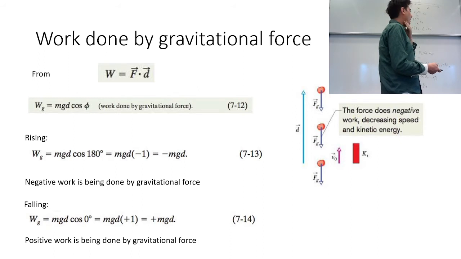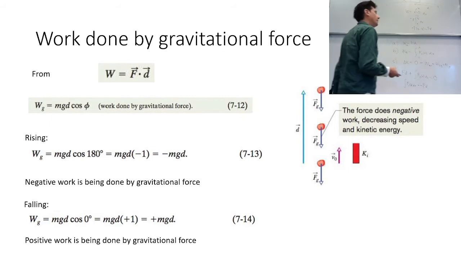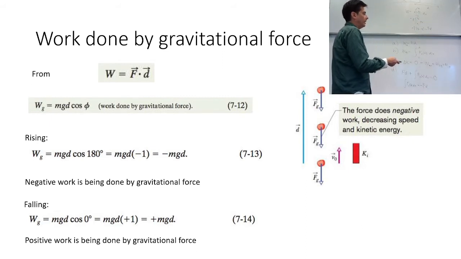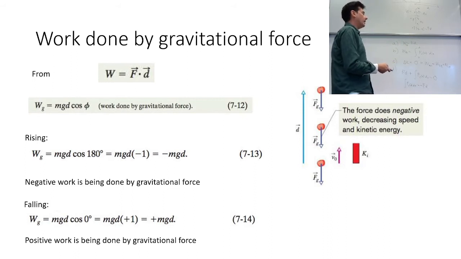And so in that case, there'll be a cos theta involved. So the displacement will be at an angle, and the force is always down like this, and so you calculate the work just by, again, taking this scalar product here.